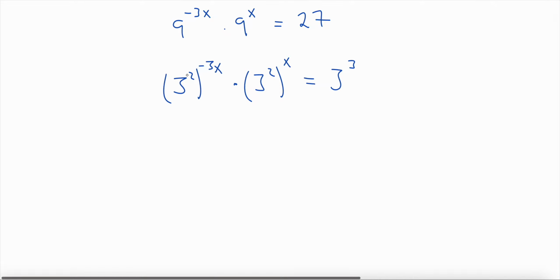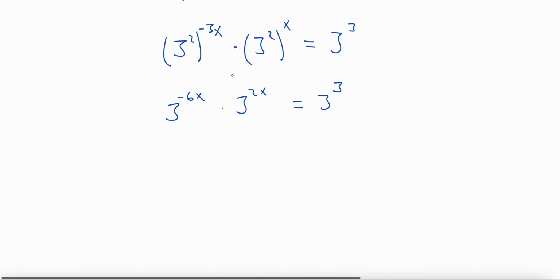Remember, we have to multiply the exponents in this case. And so it's going to be 3 to the 2 times negative 3x, so we have negative 6x. And then 3 squared to the x is going to be, well, we have to multiply 2 times x. So 3 to the 2x equals 3 cubed.